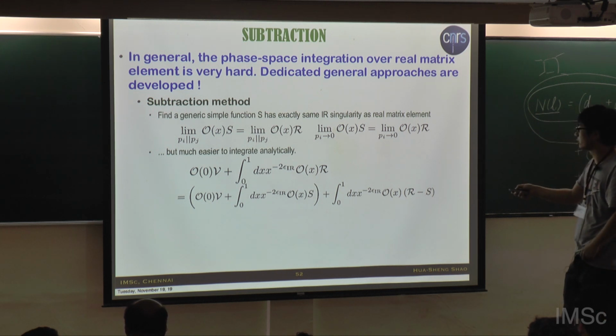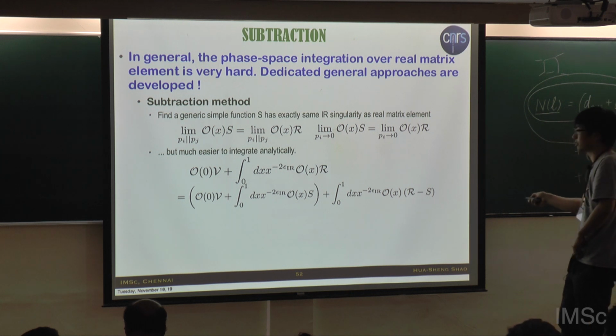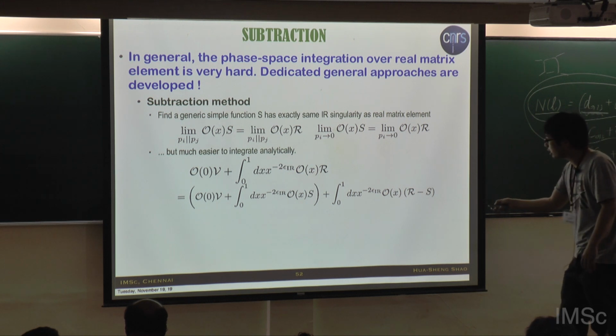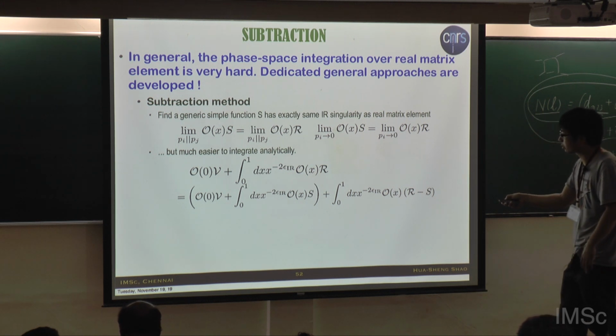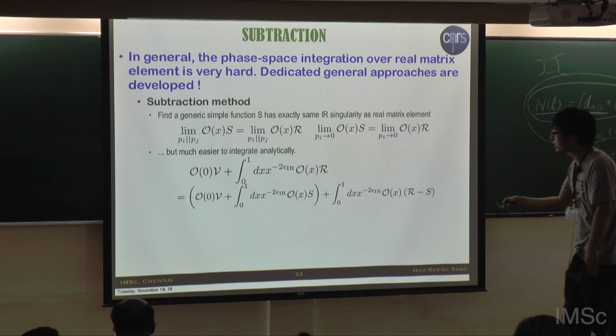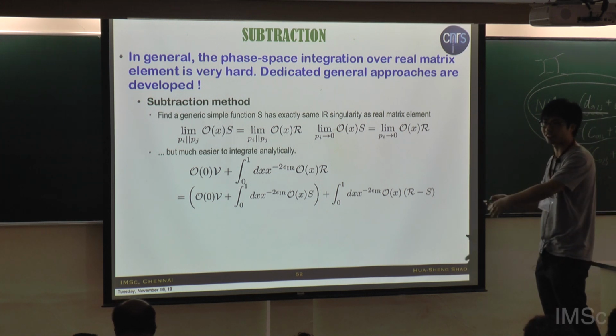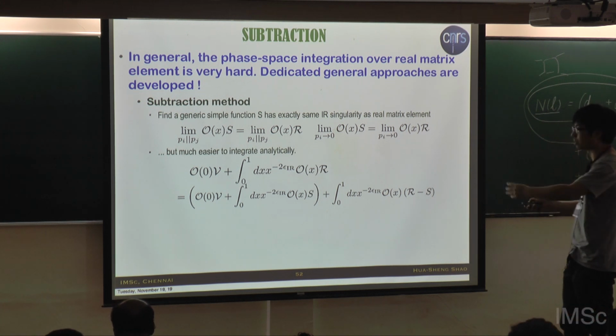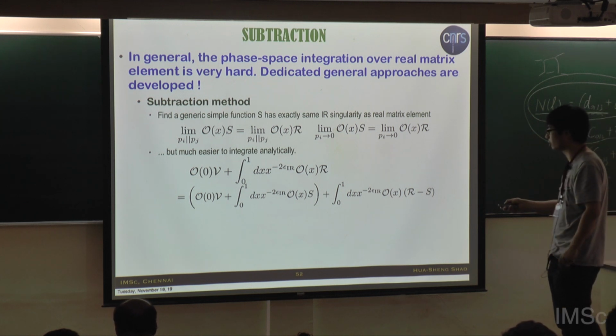So then what you need to do is you calculate this previous one, then you plus this subtraction term, and minus this subtraction term. So just add 0, right? So this piece, because the S function is much simpler right now, you can integrate analytically. Of course, it's not really very easy, but it's still much easier than integrating the real part.